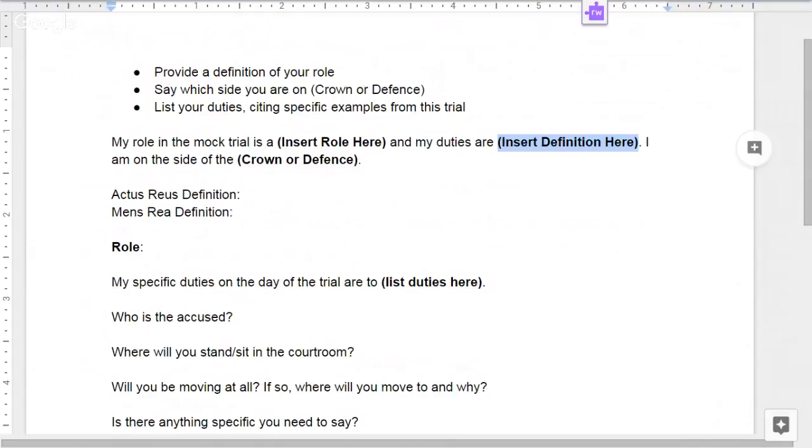It's important, because you didn't do an opening statement planner online, that you put the definition of actus reus and mens rea in the next part.